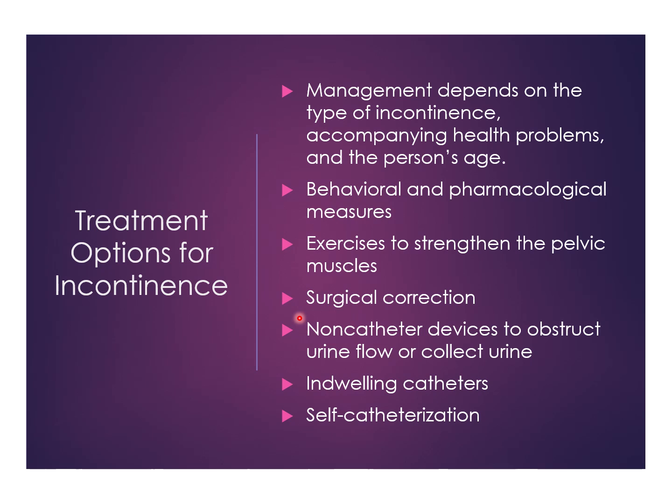There are some non-catheter devices that can obstruct urinary flow and or collect urine that might be helpful, especially for maybe people with overflow incontinence or urge incontinence. In some cases, we may need to use an indwelling catheter, maybe with a leg bag for a patient, or self-catheterization, especially for those maybe with overflow incontinence.